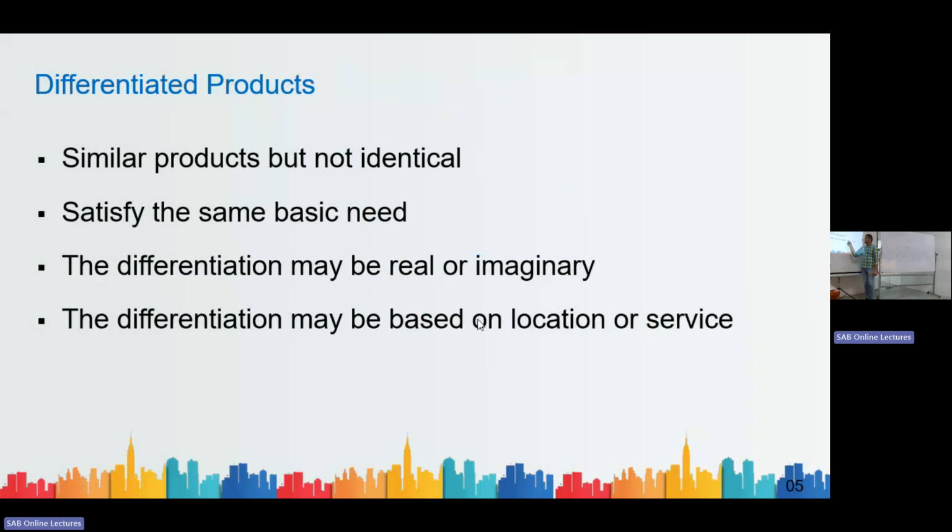Location and service are ways of differentiating goods, but not only these two; there are several other ways also. This is not about price differentiation. Don't get confused with that concept. Price differentiation is about the difference in prices. This is about product characteristics.